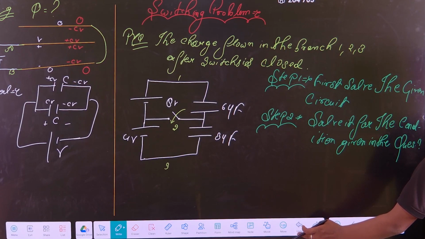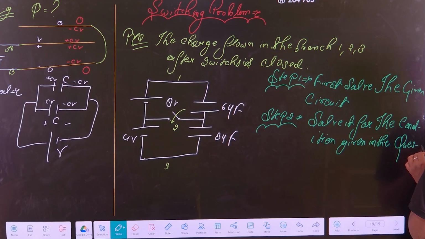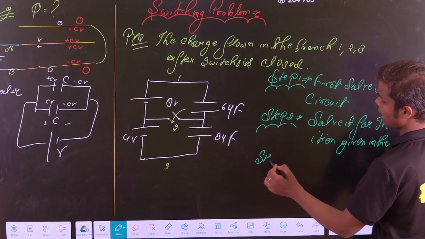Whatever condition they give you in the question, just solve it for that condition. Clear? And the last step is to analyze the two circuits.